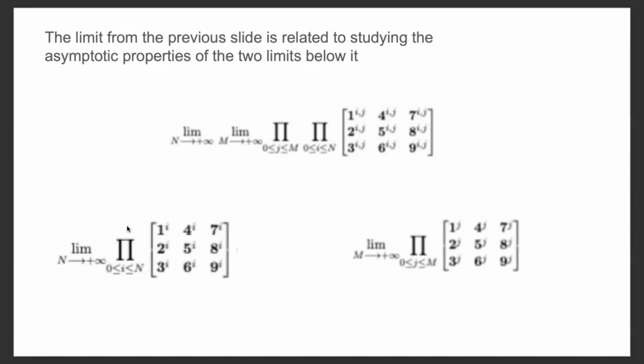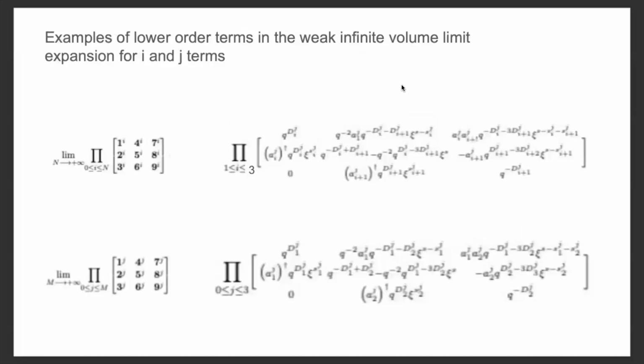Namely, we're looking at the asymptotic property of just the product over I, letting big N go to positive infinity, of 1 sub I, 2 sub I, all the way up to 9 sub I. Or we will also have to study the limit as big M tends to positive infinity from a product over J for 1 sub J all the way up to 9 sub J. And then taking these limits together simultaneously amounts to studying a double product of this 3 by 3 dimensional representation, given by 1 sub I sub J all the way up to 9 sub I sub J.